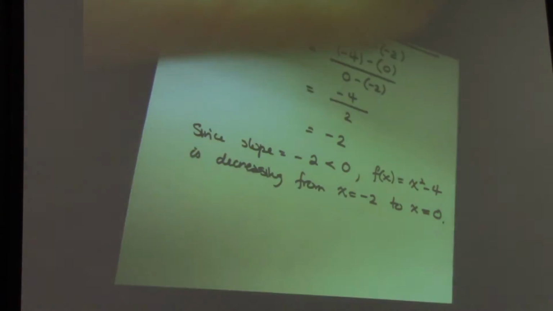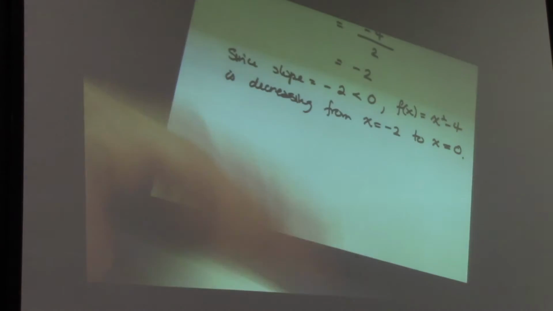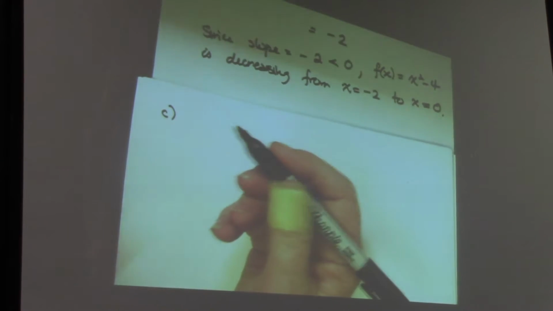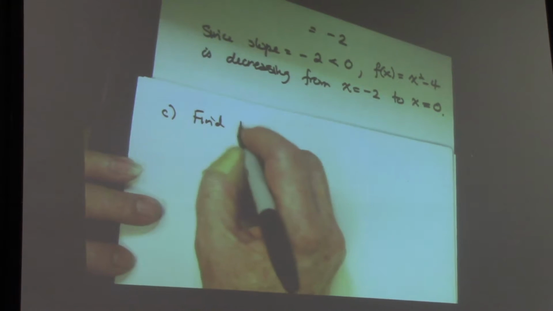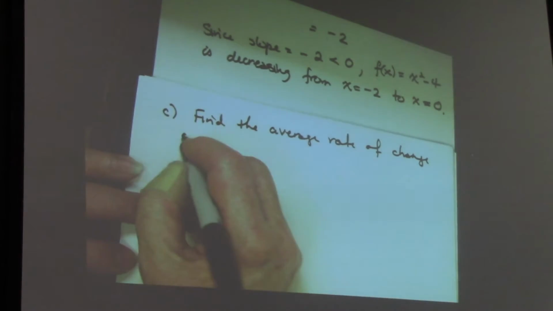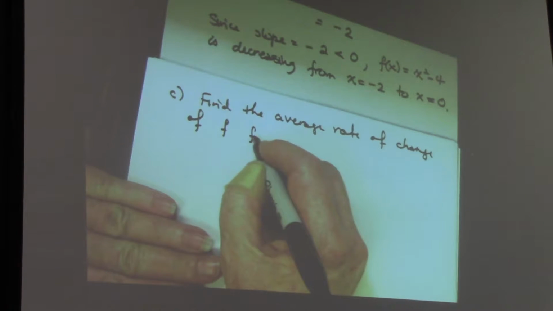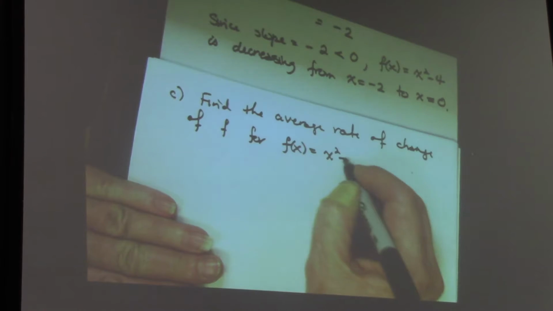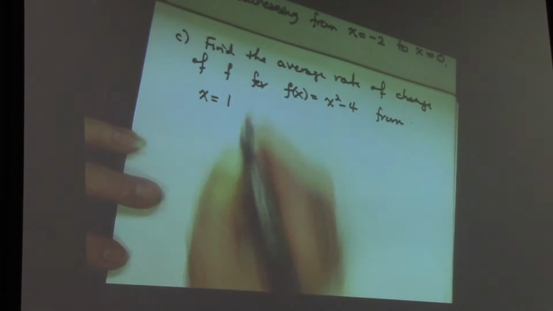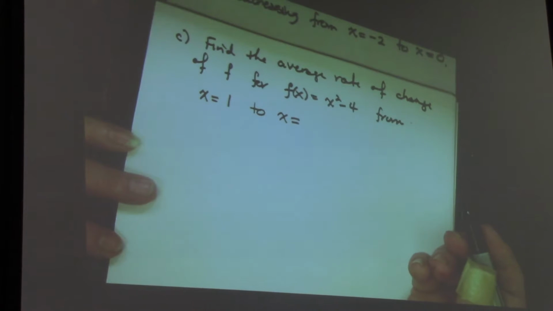Okay, now, one more. Same function. Let's find the average rate of change of this f, f of x equals x squared minus 4, from x equals 1 to, I don't know how far I want to go.